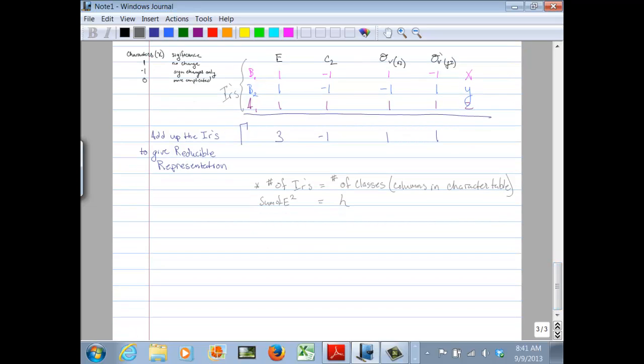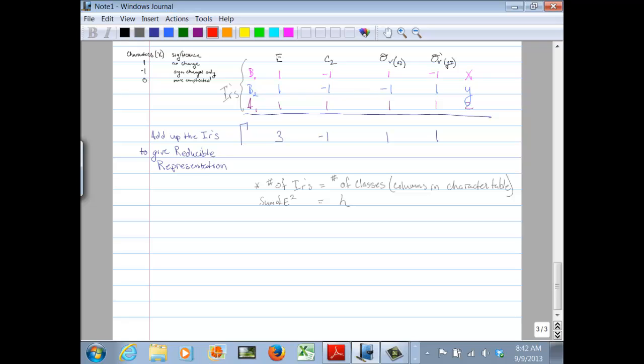How do I find the last irreducible representation? Well, all of the characters under sigma v prime should add to 0. All of the characters under sigma v should add to 0. All of the characters under C2 should add to 0. And basically you add the squares of these up, and they should equal the order of the group.